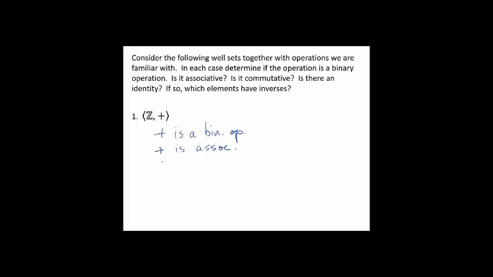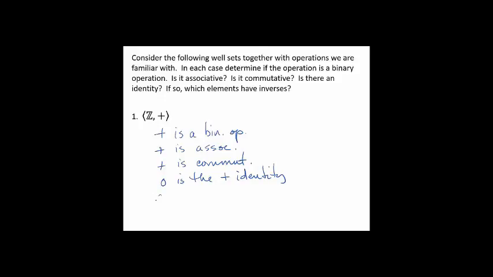We know all this. Plus is commutative on Z. And there certainly is an identity. 0 is the plus identity. And everybody has an inverse.